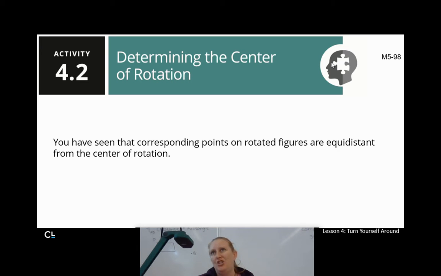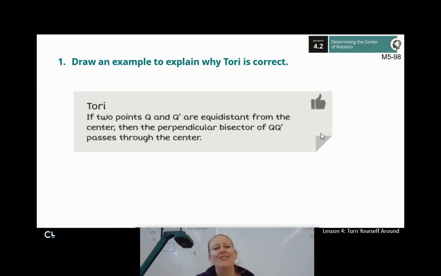Now, we mentioned in an earlier lesson in this unit that if 2 points are equidistant from the same point, then you're dealing with a perpendicular bisector. If 2 points Q and Q prime are equidistant from the center, then the perpendicular bisector of QQ prime passes through the center.